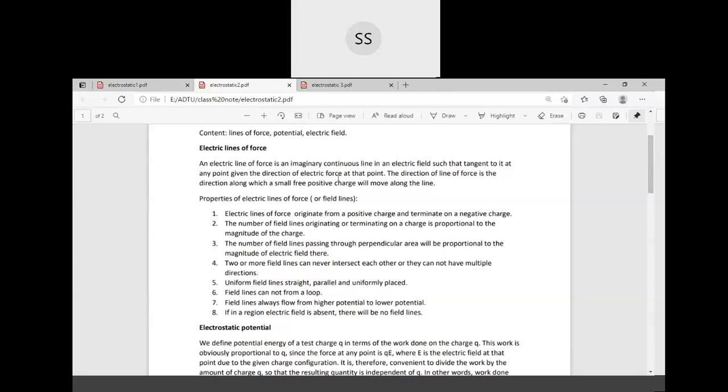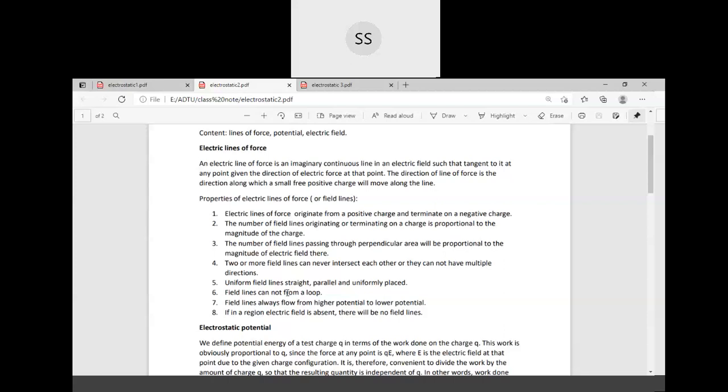The direction of the line of force is the direction along which a small positive charge will move along the line. These are the properties of electric lines of force.